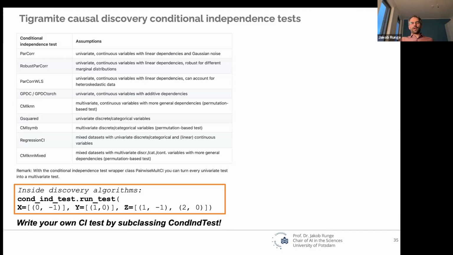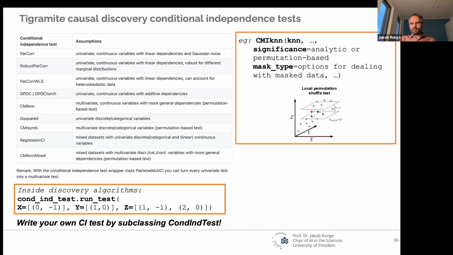Higher order, what do you mean by higher order? So CMI, of course, is KNN based, so it doesn't assume any polynomials or whatever. In principle it's the most general way to make assumptions, and therefore the least power on dependencies that are linear or nicely behaved.